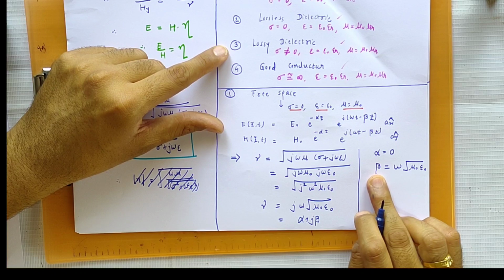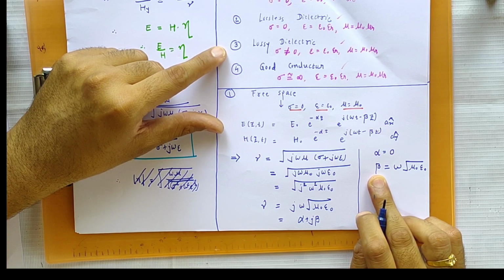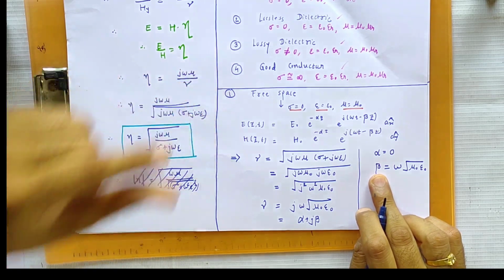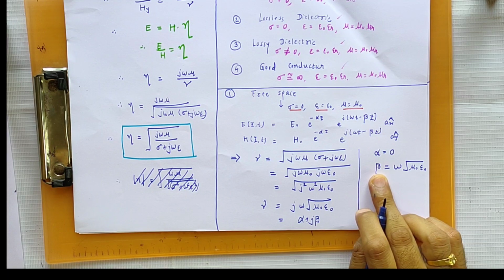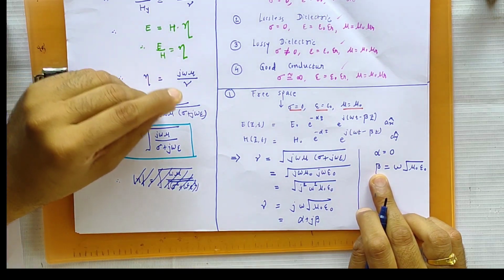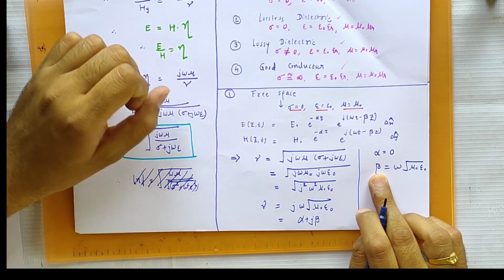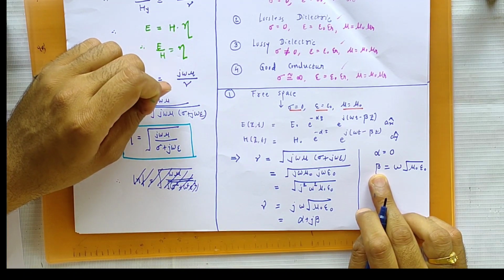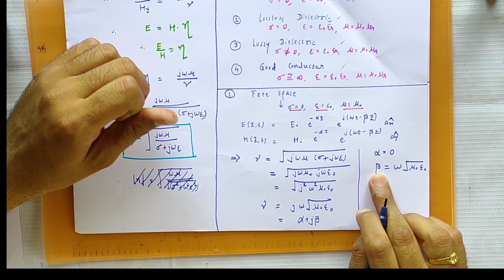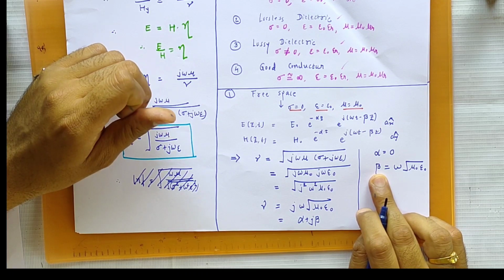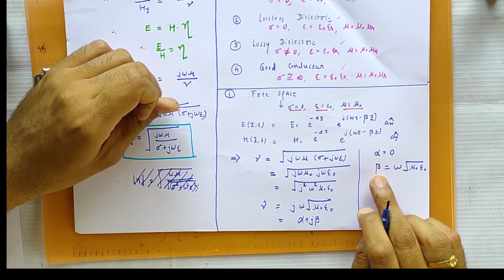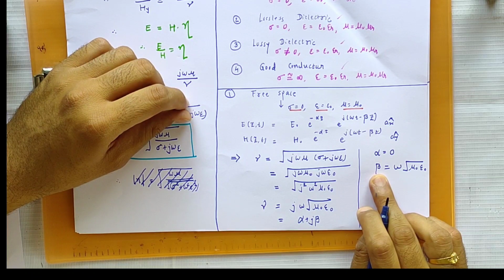What is beta? Beta is the phase constant. That means we observe some phase difference when the electromagnetic wave propagates in free space. Slight phase difference, not much. Ideally you can consider there is no phase difference, but actually beta is not a phase difference, it's a phase constant.